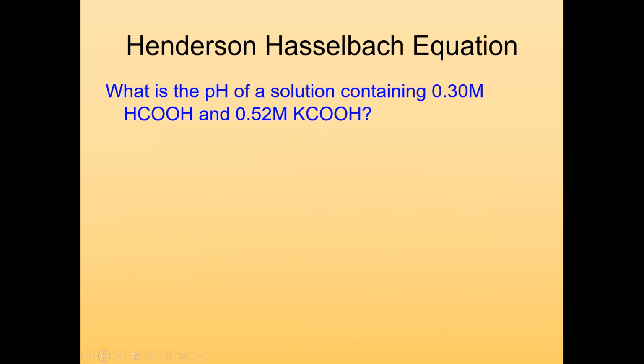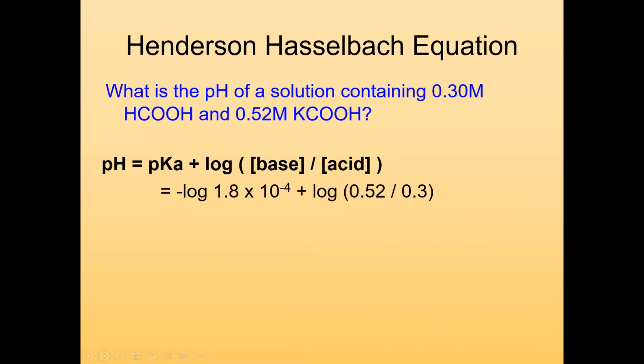It wants to know the pH of a solution with 0.3 molar of our acid and 0.52 molar KCOOH. Remember, the COOH is our conjugate base. So in our Henderson-Hasselbalch equation, we're going to have the pKa of our acid plus the log of the base concentration, that conjugate base, over our acid concentration.